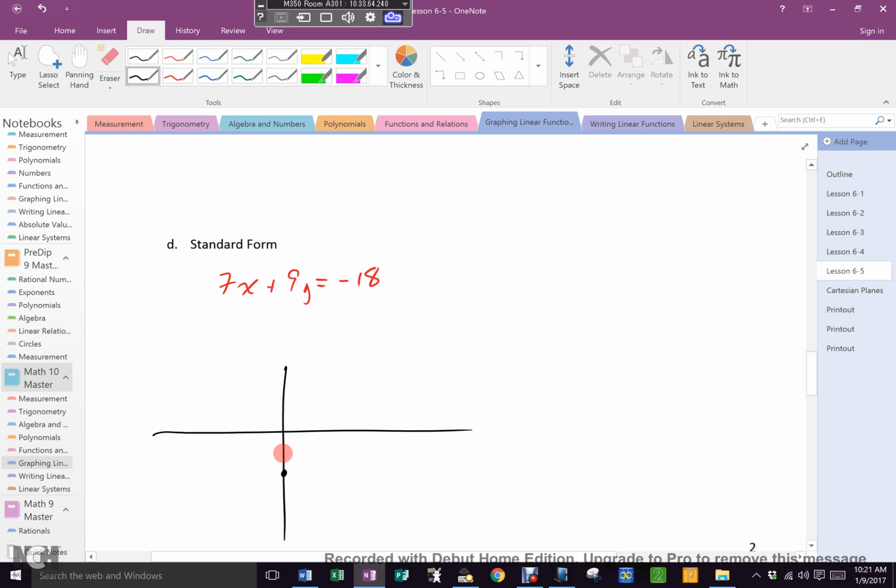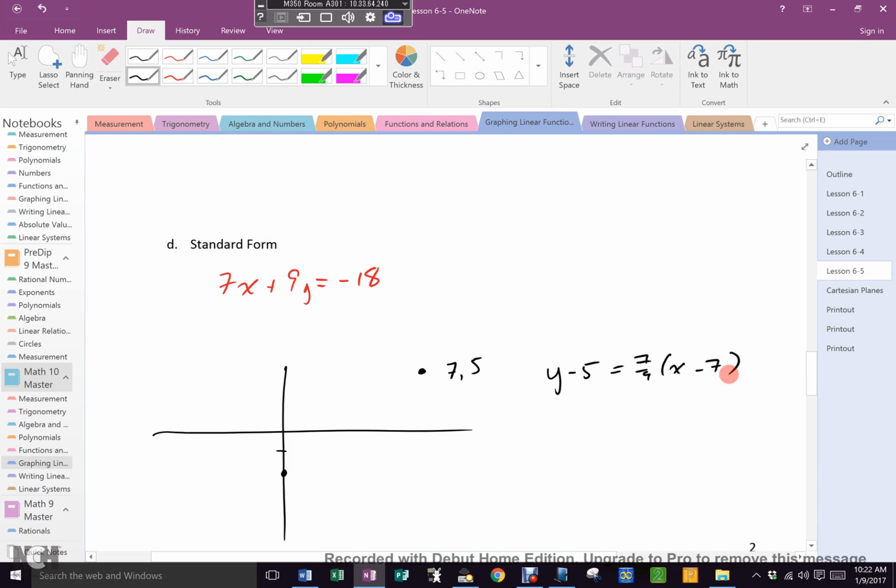So up 7, negative 1, 0, then up to 5, and out 7, yes? So this point out here is 7, 5. Can I put that back into point slope form? I can. It would be y minus 5 equals 7/9 times x minus 7, wouldn't it?